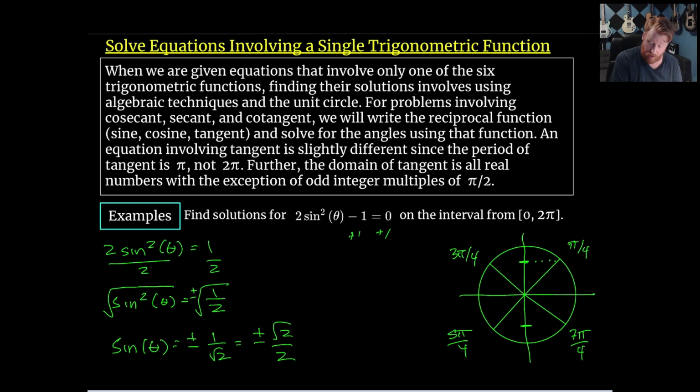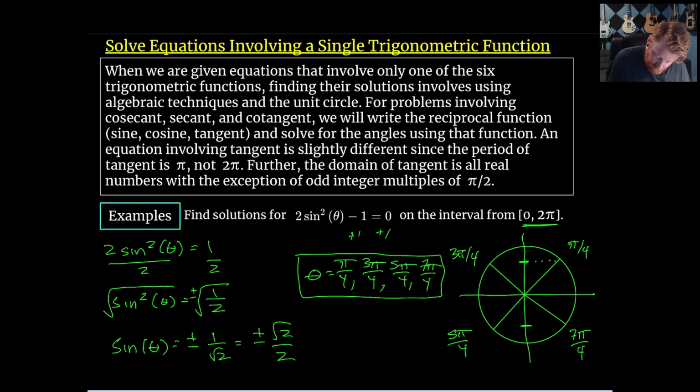So there are our 4 angles, and we're only asked for just a single revolution here from 0 to 2 pi, but those are the 4 angles whose sine value are either positive square root of 2 over 2 or negative square root of 2 over 2. So if I wanted to write this explicitly here, I'd say theta is equal to pi over 4, 3 pi over 4, 5 pi over 4, or 7 pi over 4. So there we go.